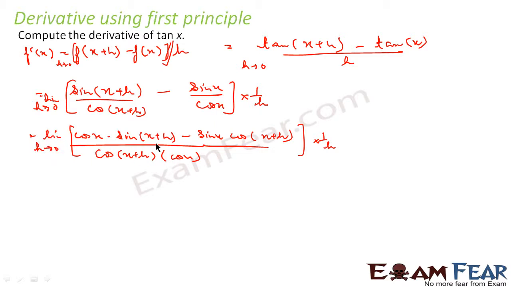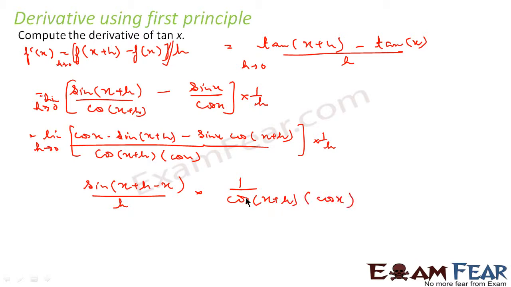This is nothing but cos x sine y minus sine x cos y, that is nothing but sine of x minus y. So this becomes sine of x plus h minus x by h, and I will take h here, into 1 by cos of x plus h into cos of x.